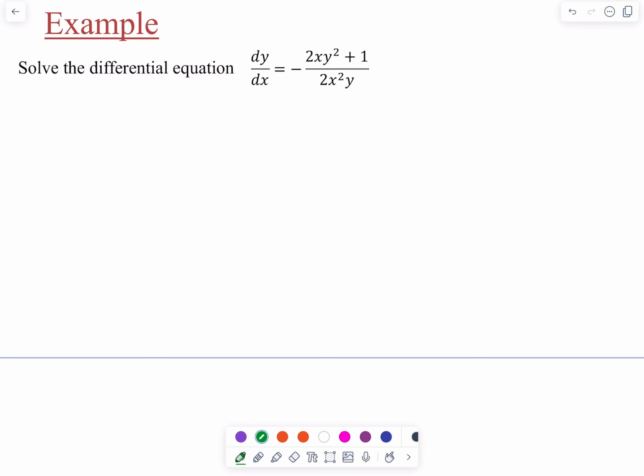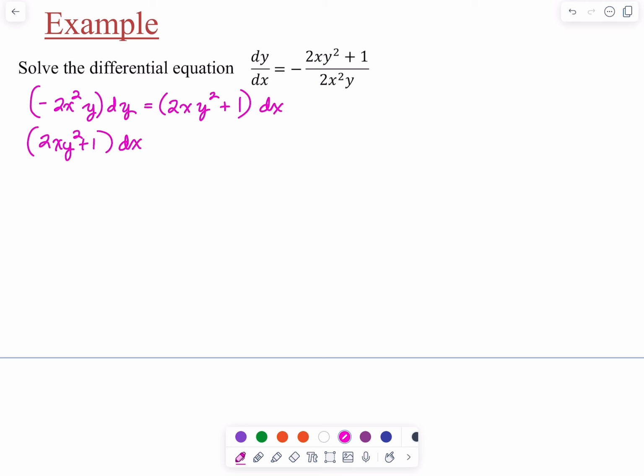We will go ahead and write this in differential form, and we could have the opposite of 2x squared y dy is equal to (2xy squared plus 1) dx. We'll go ahead and put those in parentheses. So now we have (2xy squared plus 1) dx plus 2x squared y dy is equal to 0.